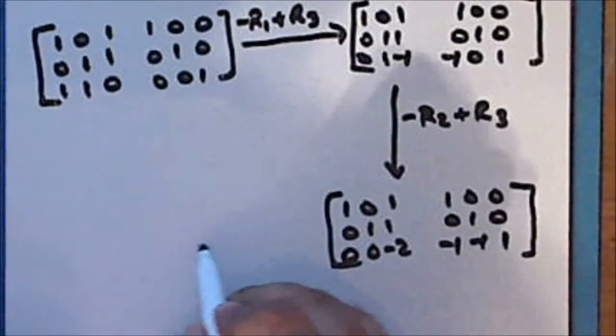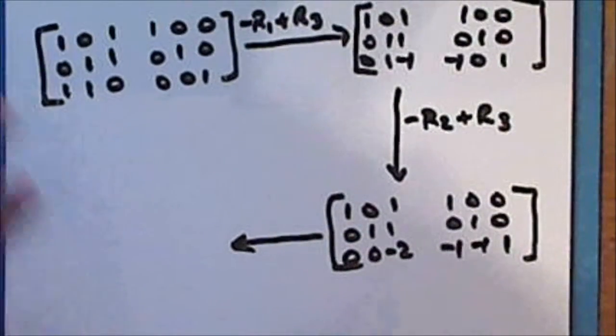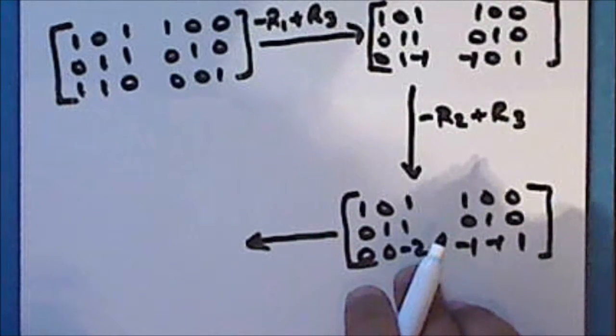So now in row 3 we need to have a leading 1, and so we will multiply row 3 by negative 1/2.